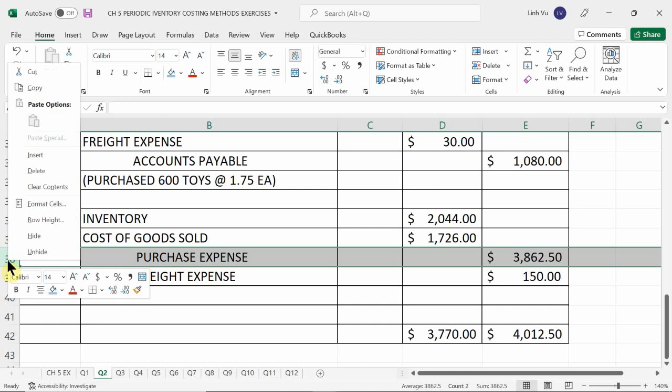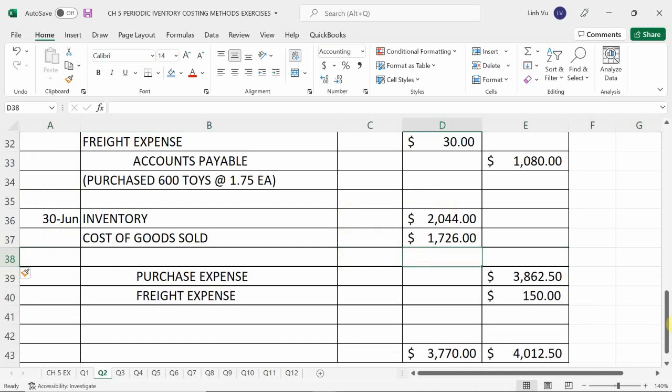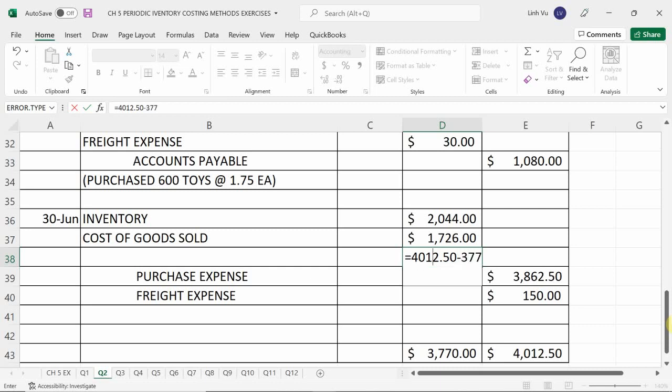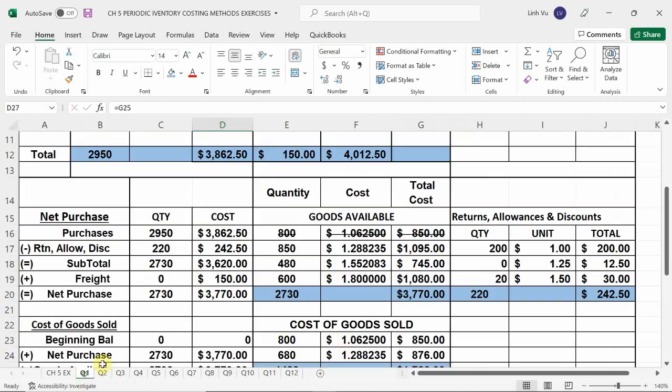Okay, so in this case, let's see. If I were to figure out my numbers here, what's the difference? $4,012.50 minus $3,770, I get $242.50. Where do I see this number? It's your purchase returns and allowances.